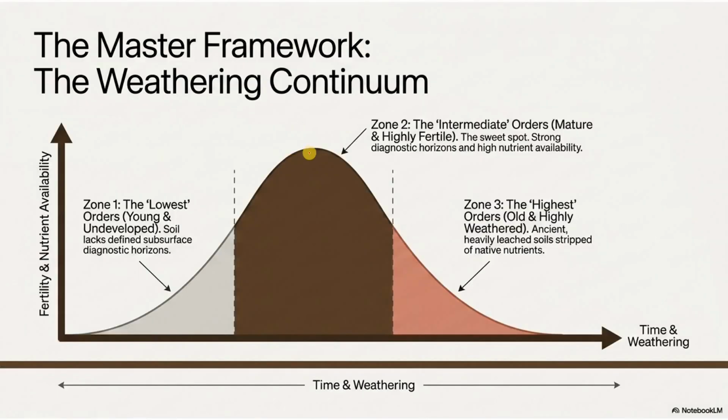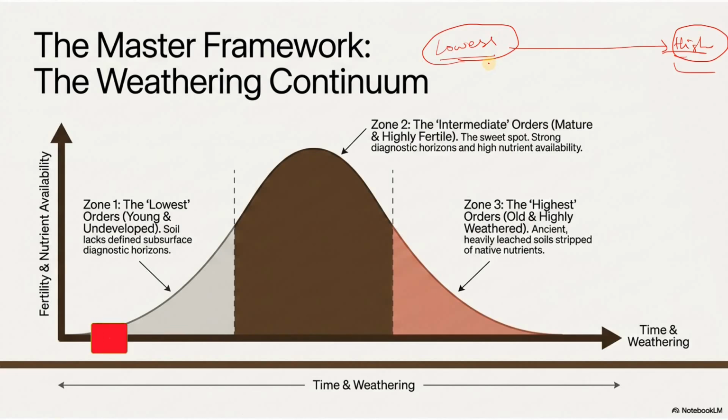So before starting the soil orders according to USDA soil taxonomy, I have to clarify one thing: when we are saying the lowest order soil and then the highest order soil, we are not saying that the lowest order has less usability or the highest order has high usability in terms of agriculture or anything else.